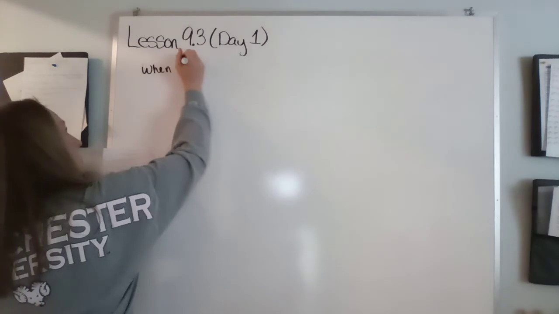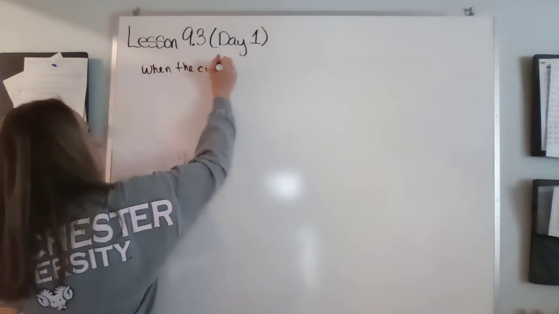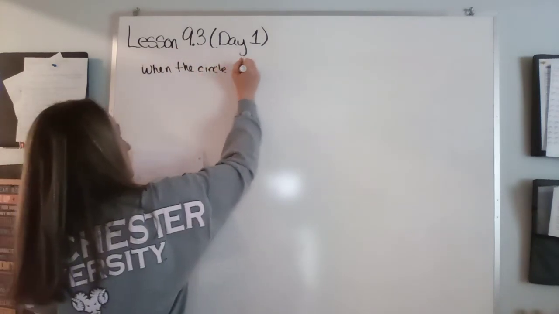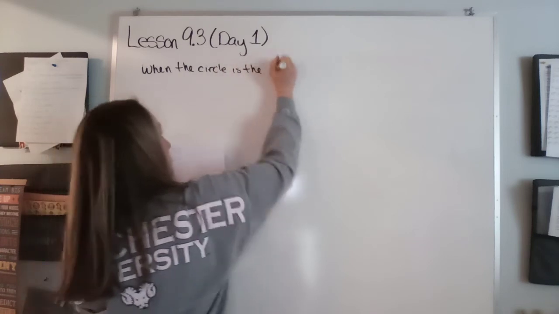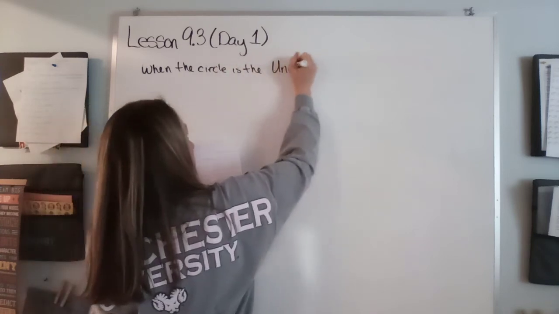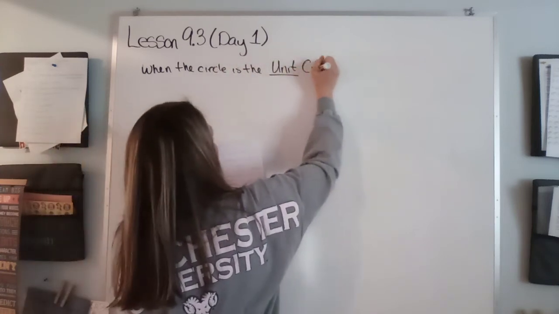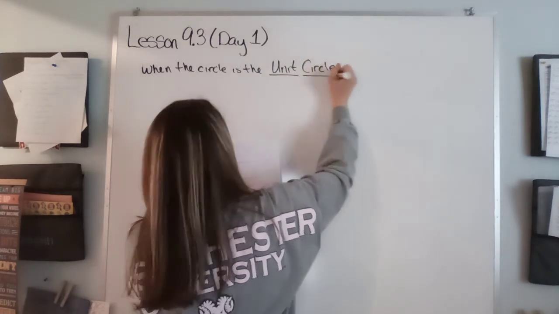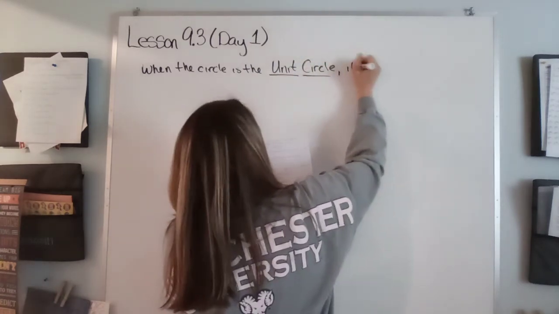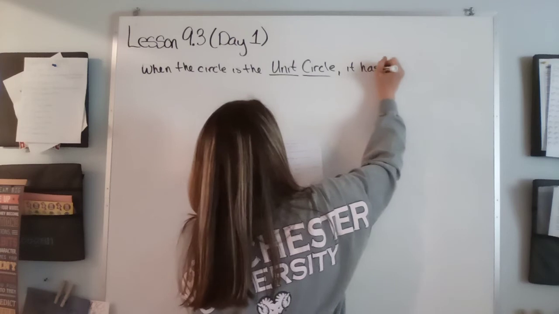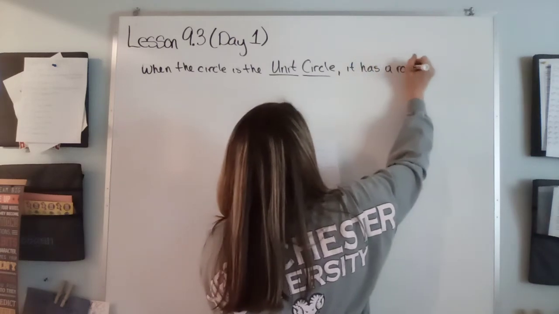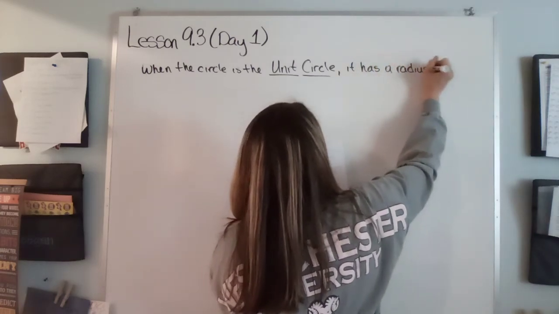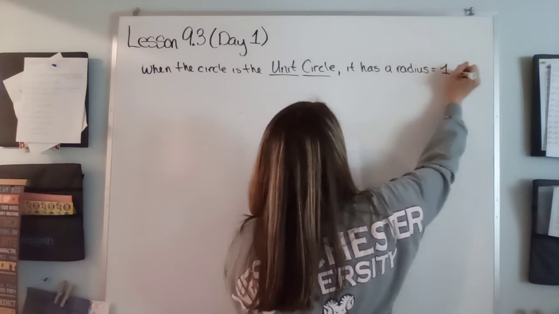When the circle is the unit circle, it has a radius equal to 1.